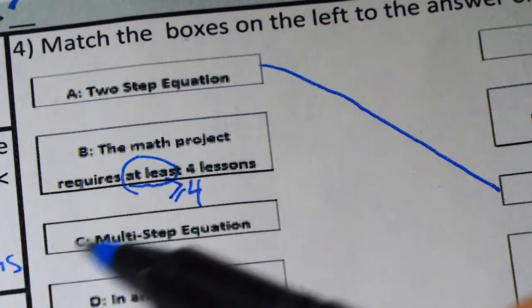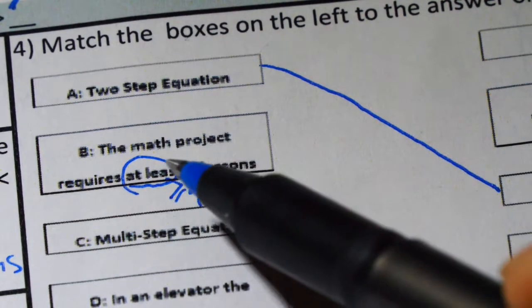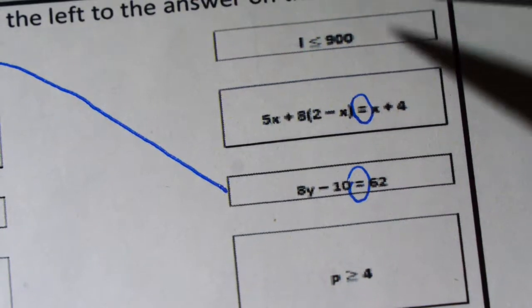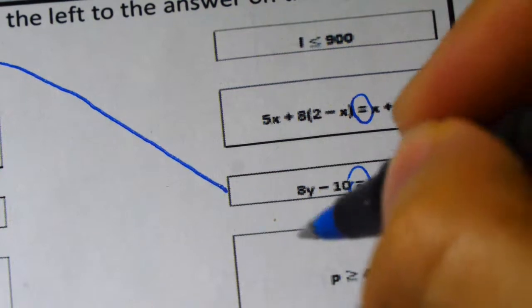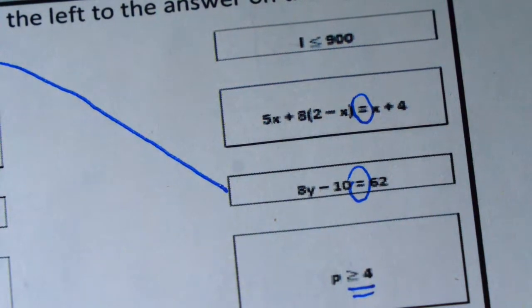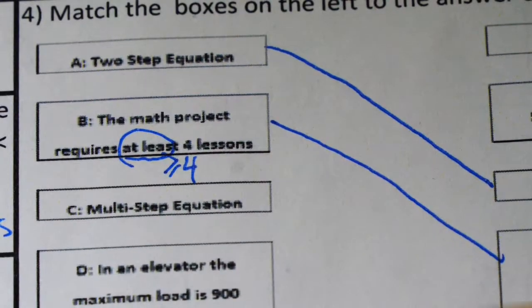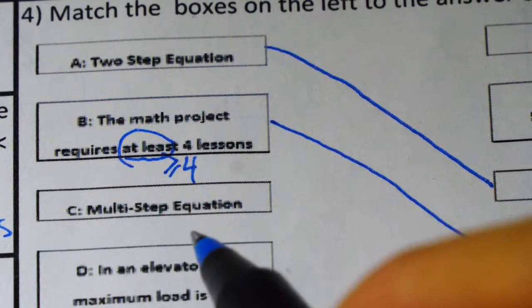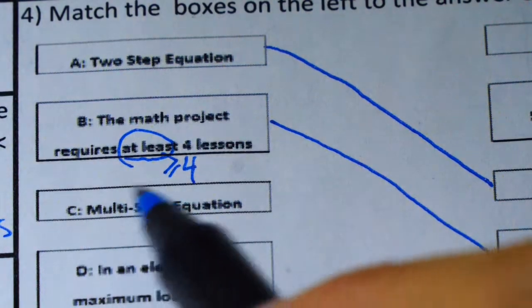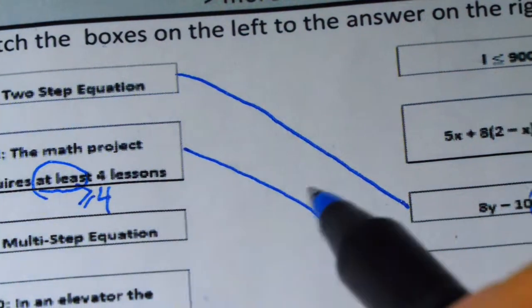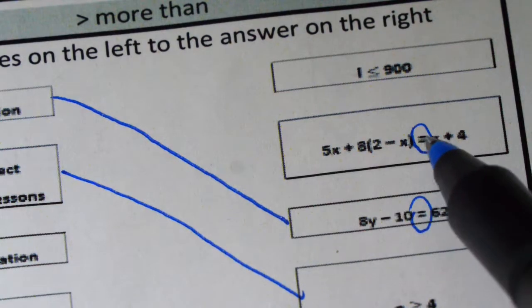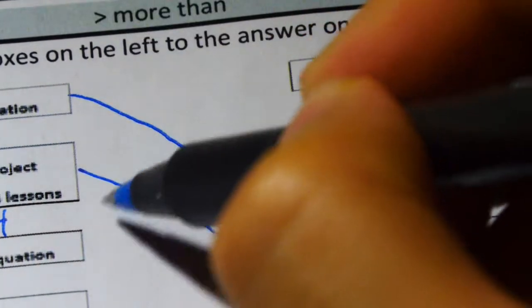So at least 4 lessons means more than or equal to 4. So if we look on our answers, this is what we are looking for. So the answer is this one. C, multi-step equation. So it takes many steps to answer the equation, and we just said equation has an equals. So this is our answer.